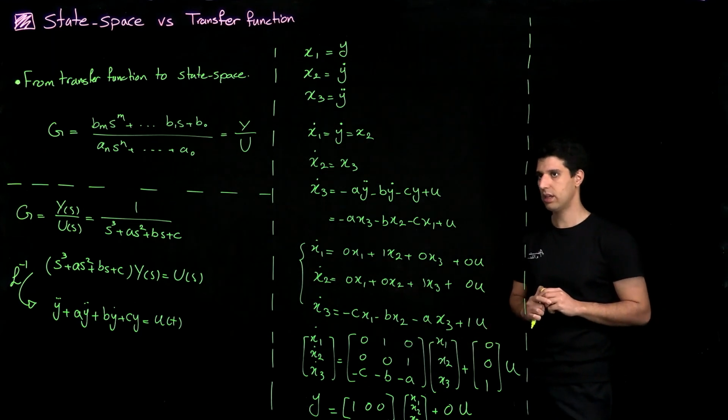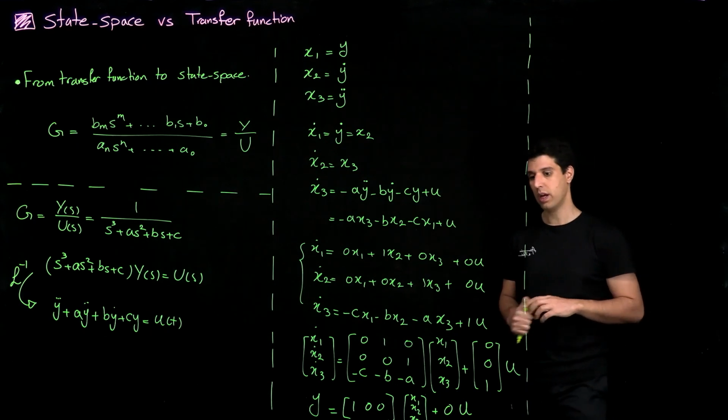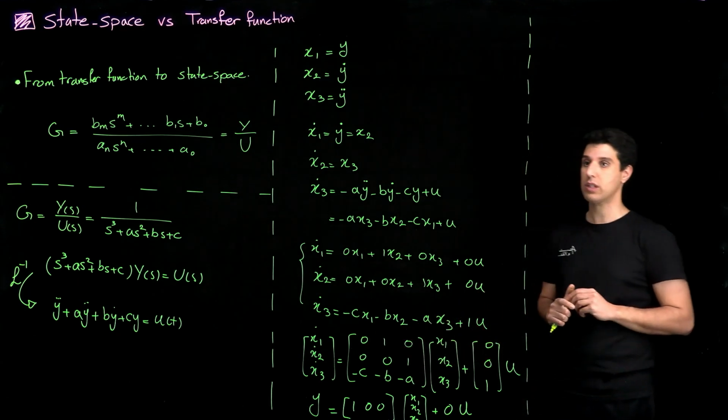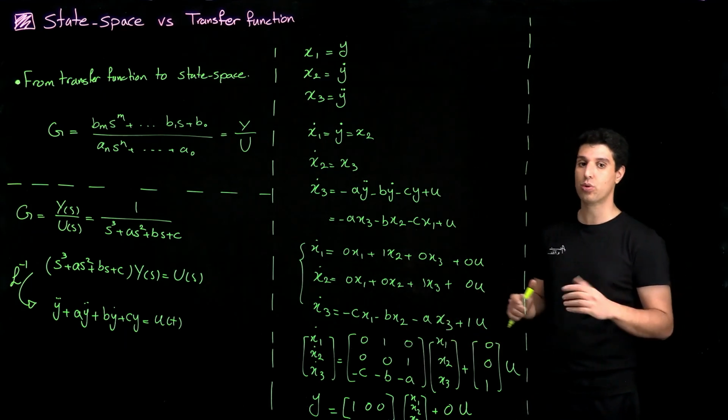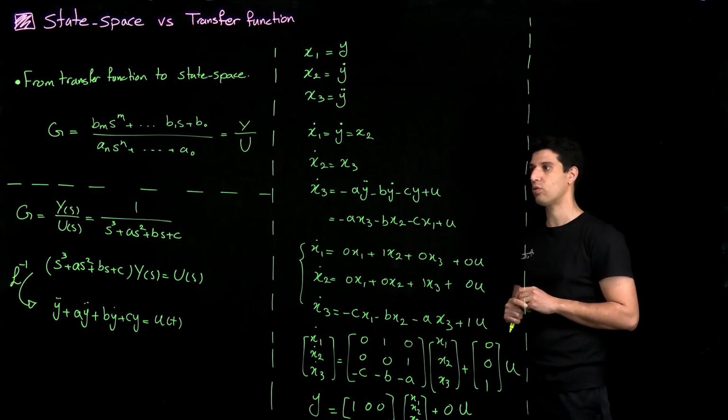For instance, the one called controllable canonical form will give you a state space equation that, as the name suggests, is a controllable system. Whatever that means, we don't worry about that too much.